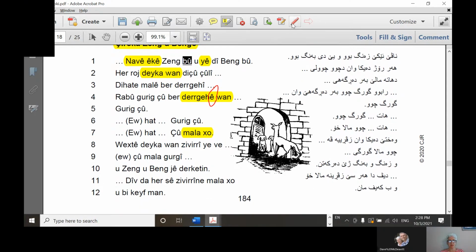And small is feminine, so you have the feminine izafe ending. And degawan, malagurgi, malaho. We have it.